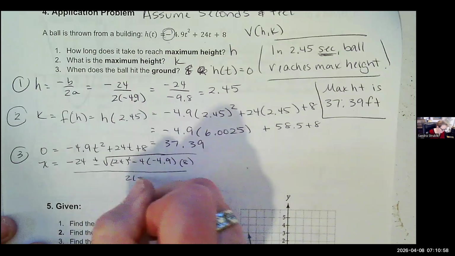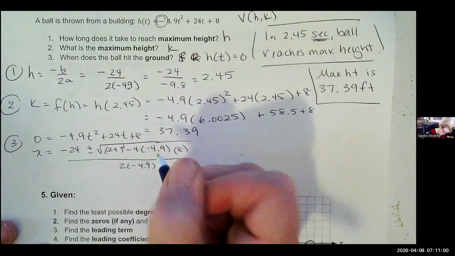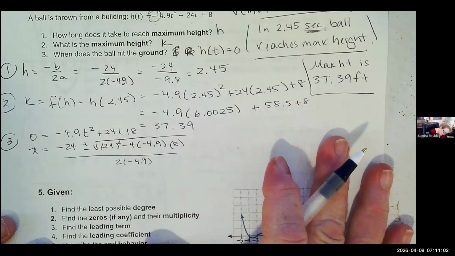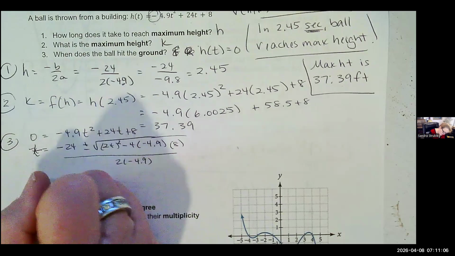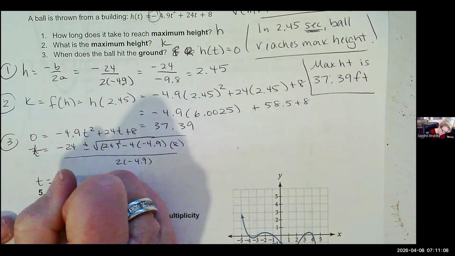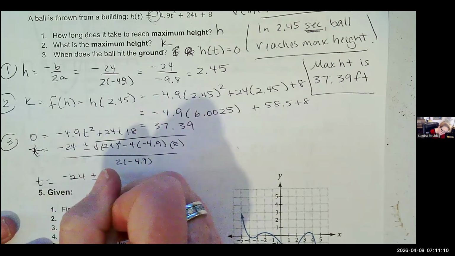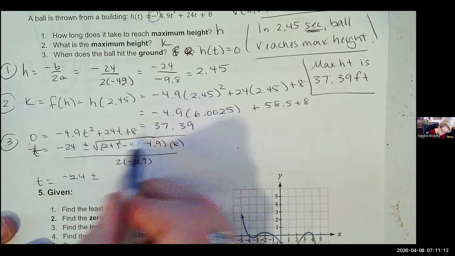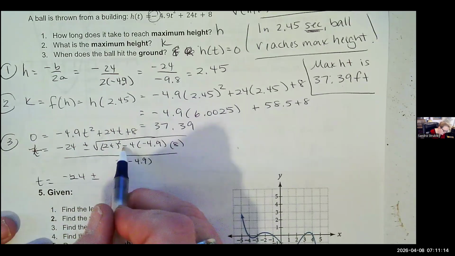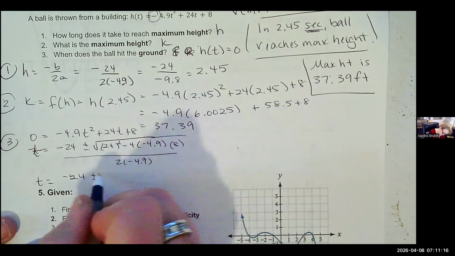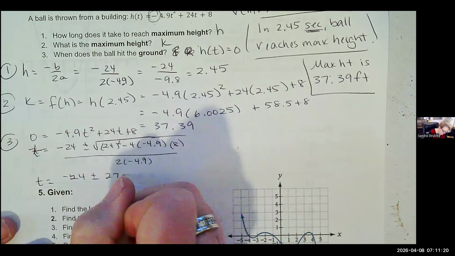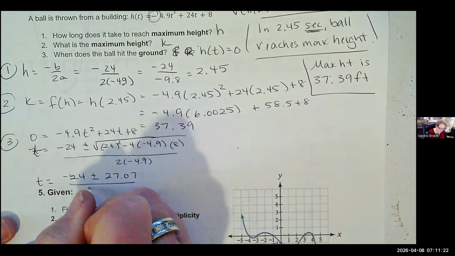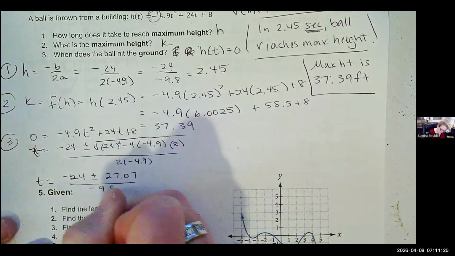All right. This becomes, well, this is a t, not an x. Negative 24 plus or minus. And I got, after I've squared this and then multiplied these together and added it, basically, I got 27.07 over negative 9.8. Now, you need to break these into 2.